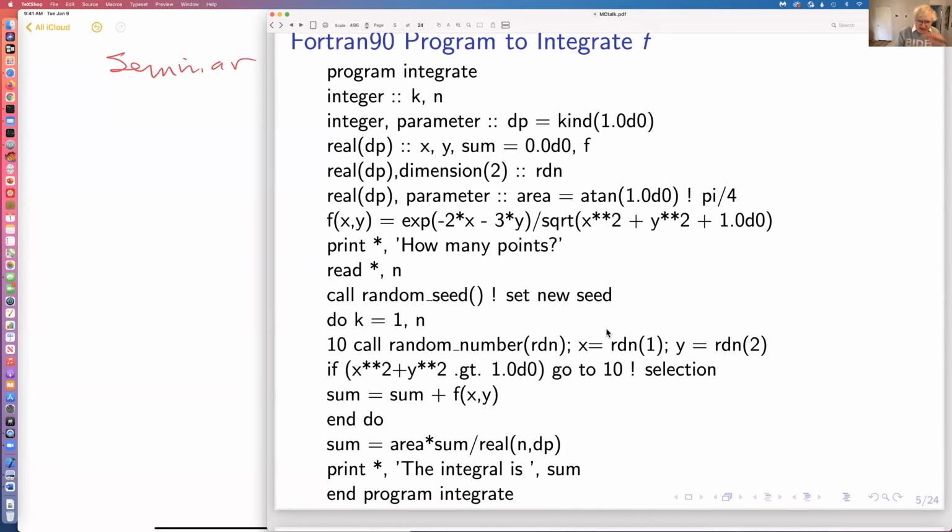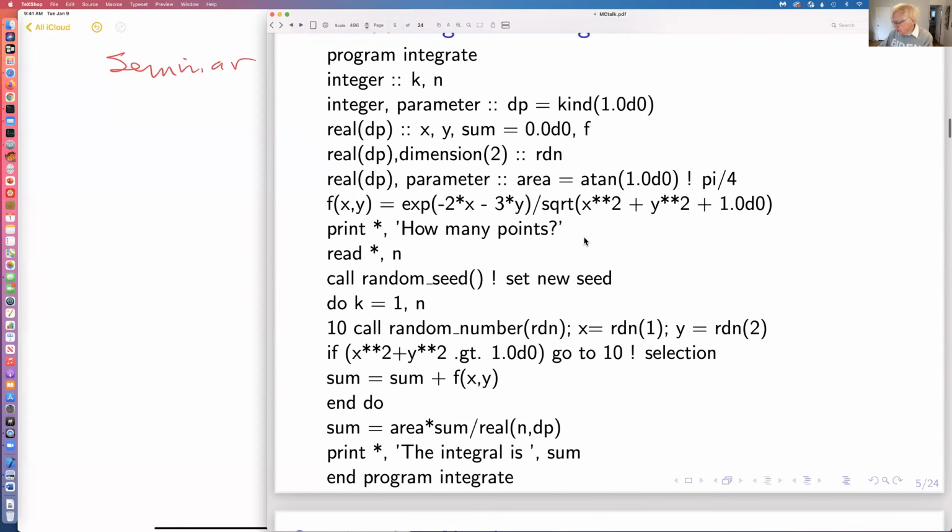Anyway, the compilers are available from an organization that supports both Fortran and C, and it's called G-Fortran and GCC. Those are the programs that compile programs written in Fortran or C. I think I'm going to skip this program because some of you know Fortran and will think this trivial.